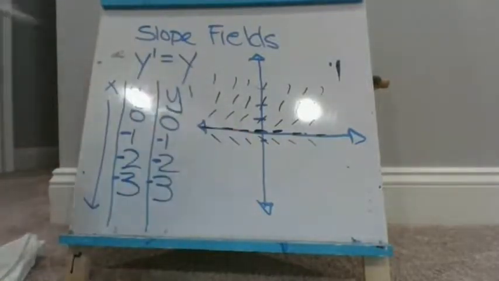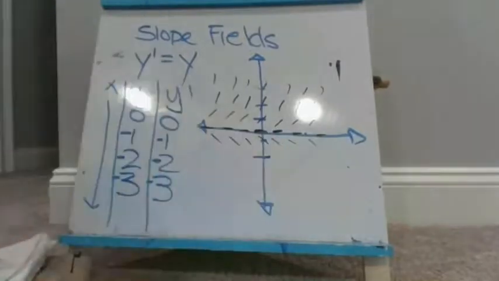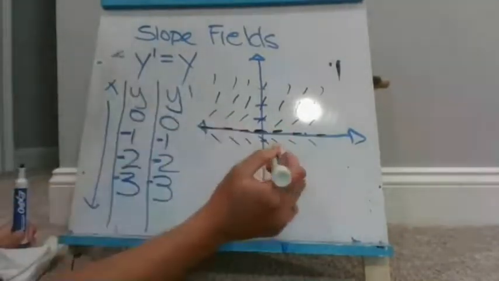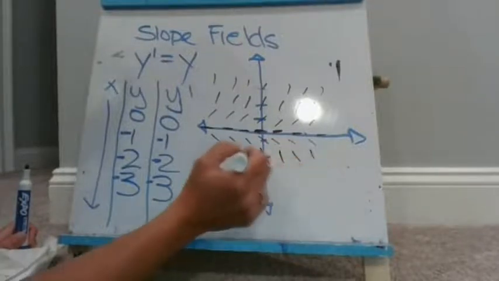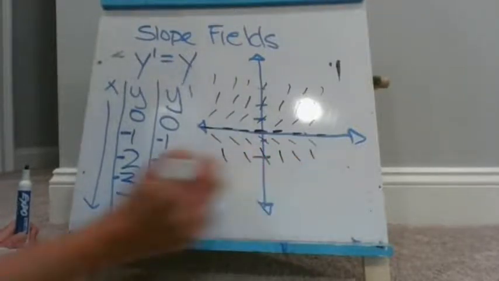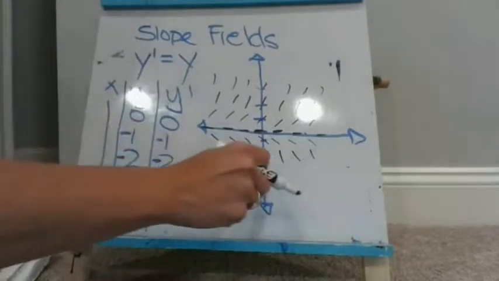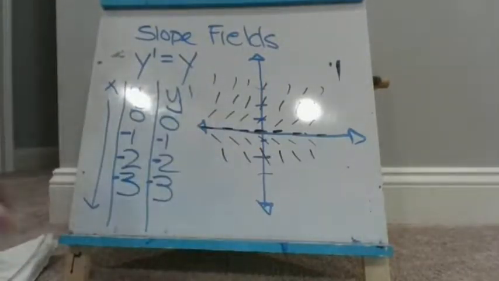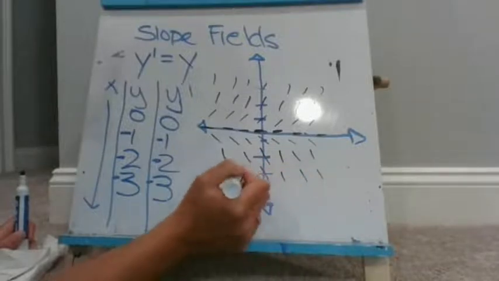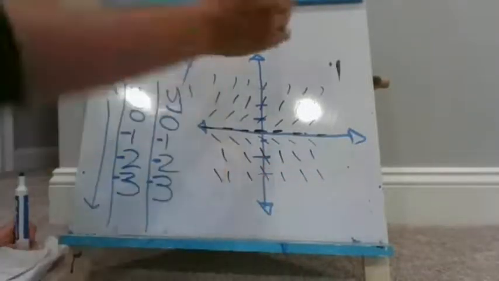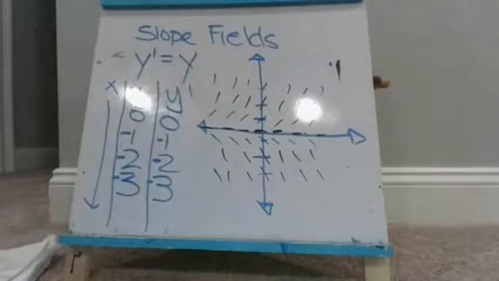And if I came down to -2, my slope would be -2, so more steep for all x's. And if I went down to -3, again more steep. You could see the pattern that the slope just continues to get steeper in the negative direction or steeper in the positive direction, depending on what side of the x-axis I'm on.